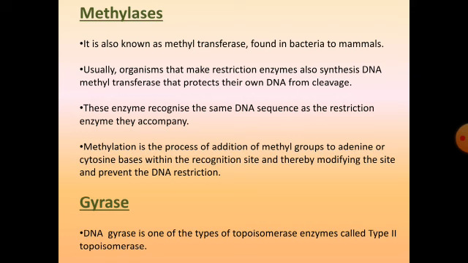These enzymes recognize the same DNA sequence as the restriction enzyme they accompany. Methylation is the process of addition of methyl groups to adenine or cytosine bases within the recognition site, thereby modifying the site and preventing cleavage by foreign restriction enzymes.